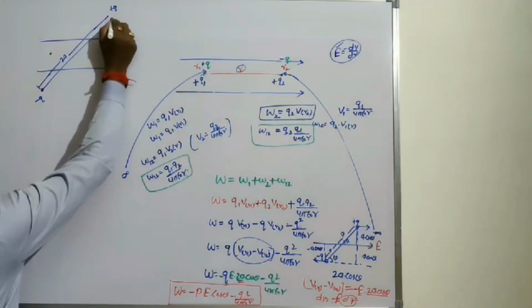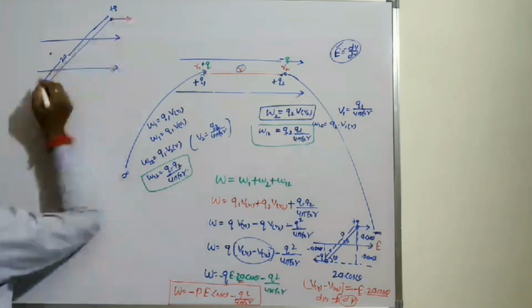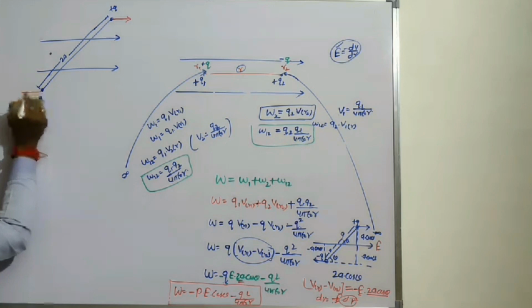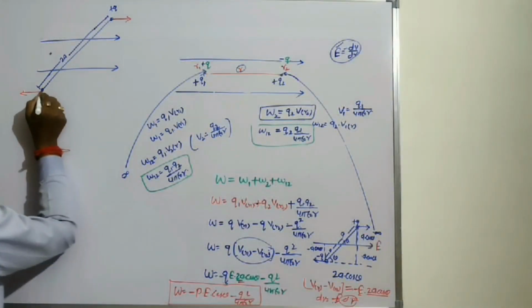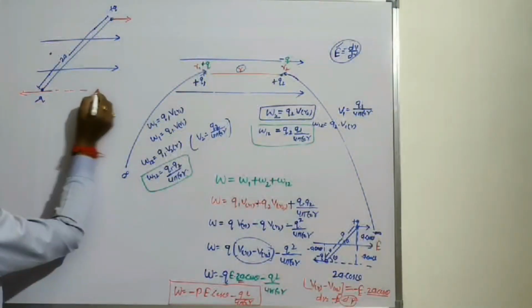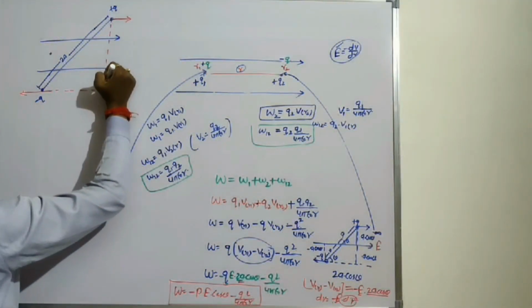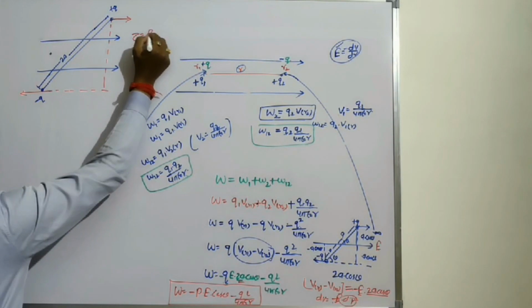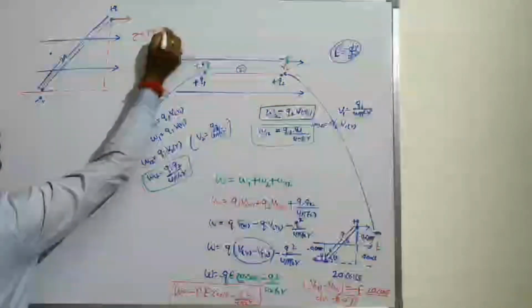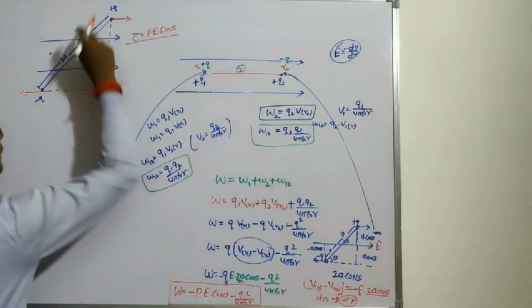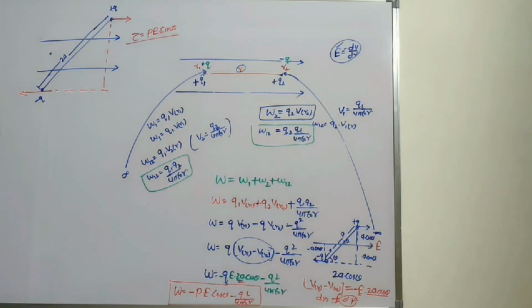In previous classes we discussed the torque acting on the electric dipole: torque equals PE sin theta. This is the torque acting in a uniform electric field.